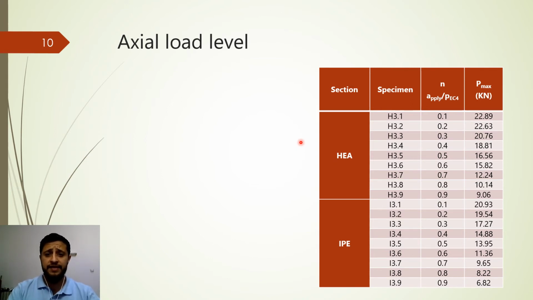In order to study the influence of axial load level, we chose 9 different values, 0.1, 0.2 until 0.9, to set up models while keeping other parameters constant.